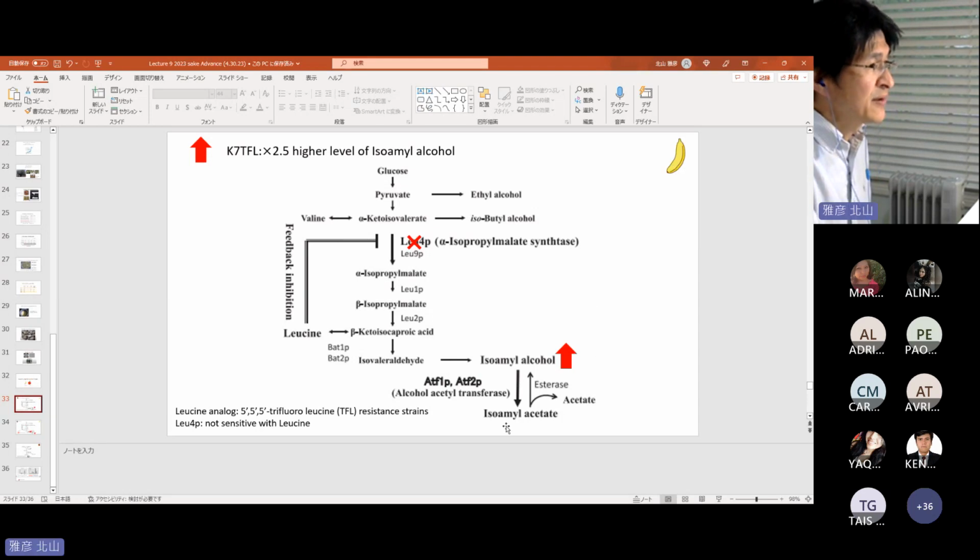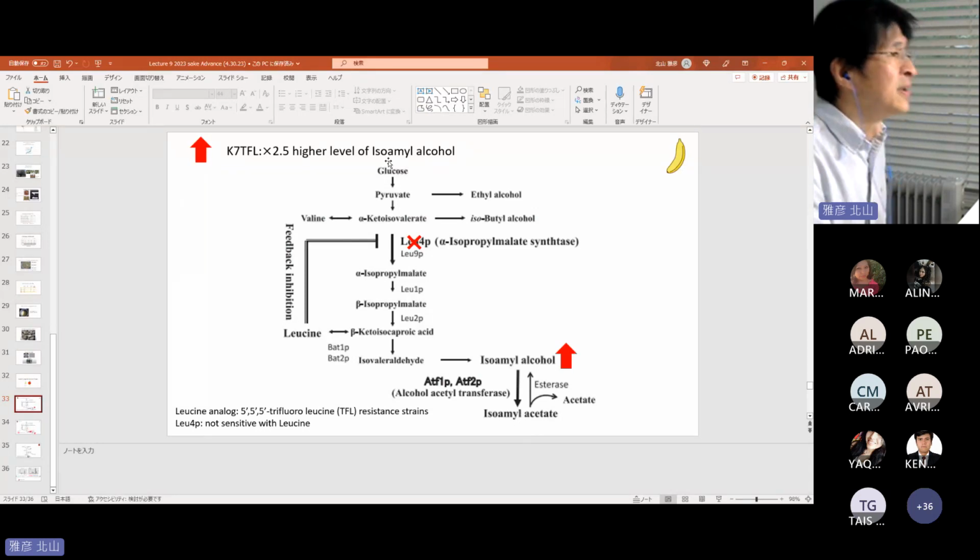So we need to make a yeast strain which makes more isoamyl acetate. This compound is produced from glucose. This slide shows the pathway of how to make isoamyl acetate from glucose.